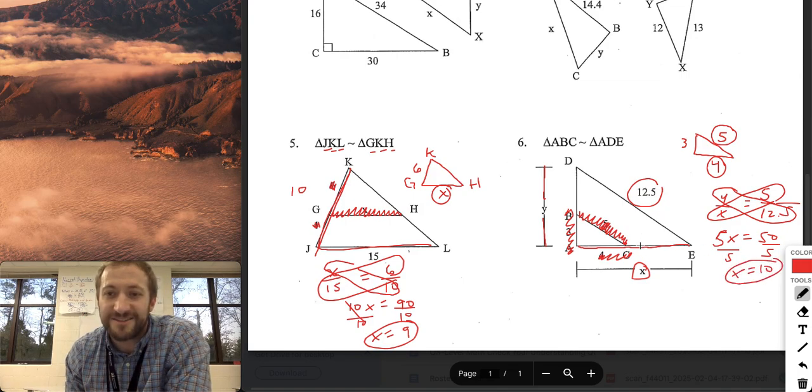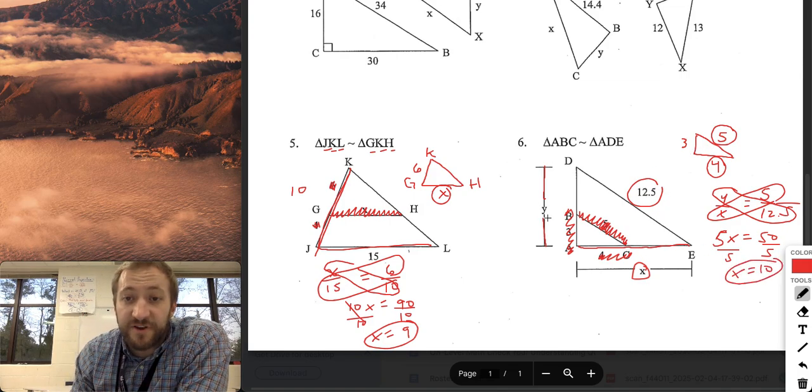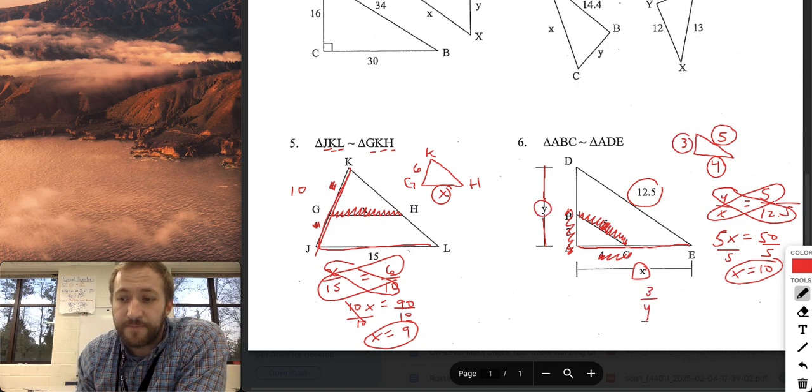Now let's do the last set. So I need to go and figure out what y is. Y corresponds to 3. So I'm going to have a new over old. I'll have 3 over y is equal to, I can't use anything with the x because I need one variable here, not 2. So I'm going to use 12.5 and 5 again because those correspond. Same spot on different figures.